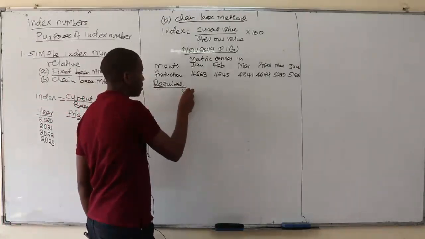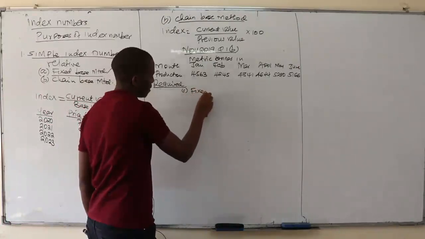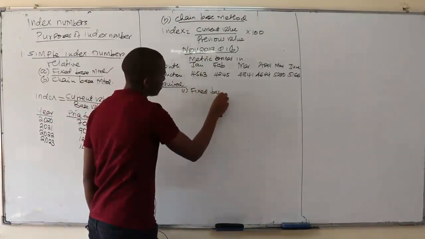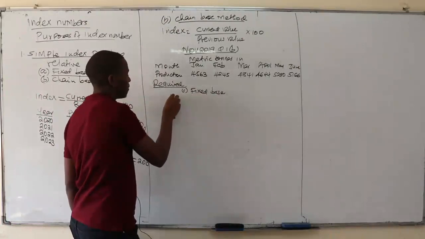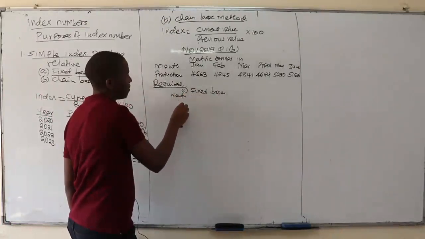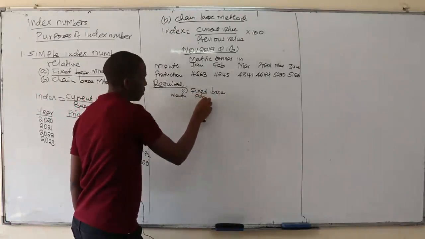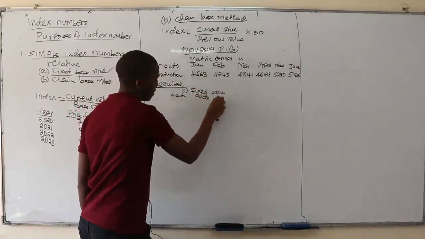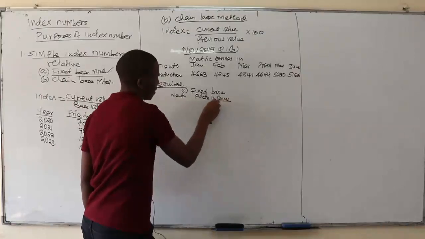So the first is on the fixed base. For the fixed base in this case, I can have the months here, and the production in tons.